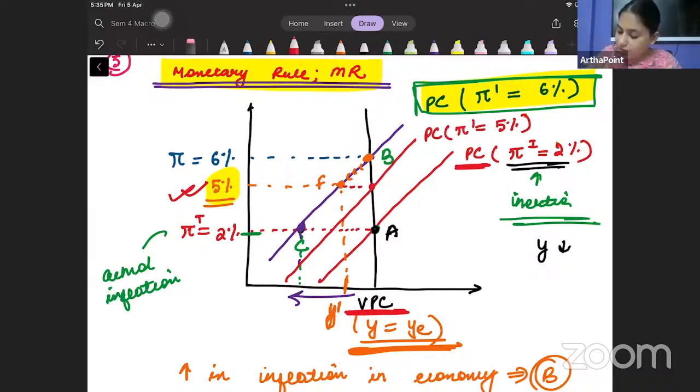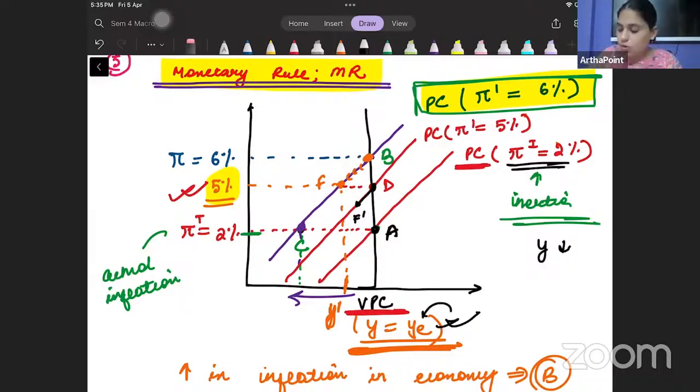So you will go to a point like, say, D, right? Now you need to again lower the level of inflation in the economy because you need to attain your target inflation. So what will you go ahead and do, beta? You will again choose a point like F dash. At D, you are at your equilibrium level of output but with higher inflation.